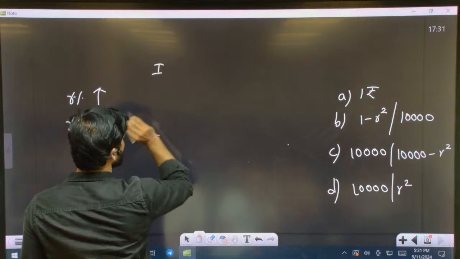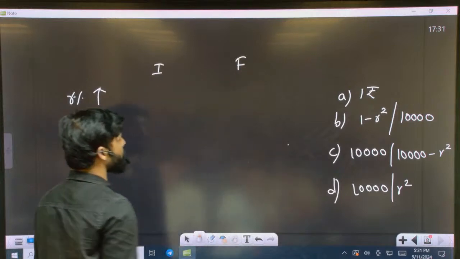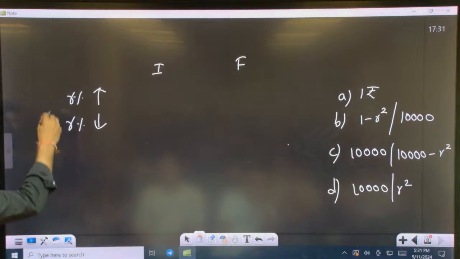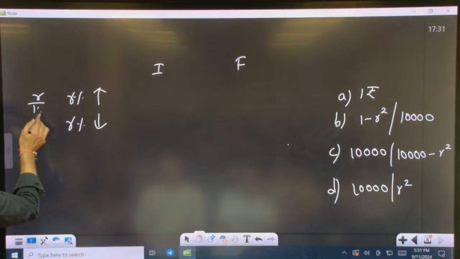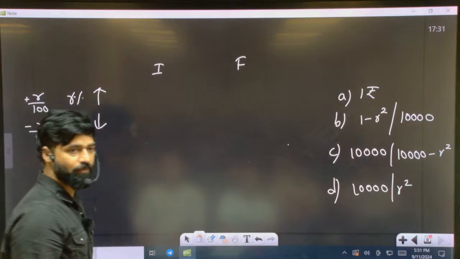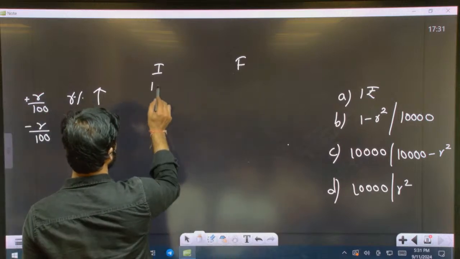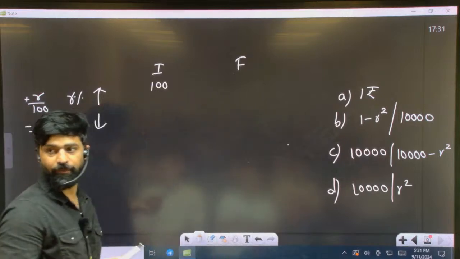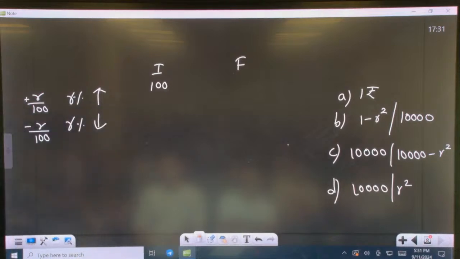So this is initial price, this is final price. There is an increase of R%, and there is a decrease. So initially in the first case, the price was how many units? 100 units. You know it very well. Denominator is the initial value, isn't it?